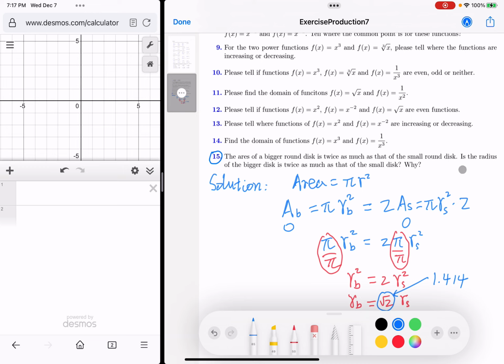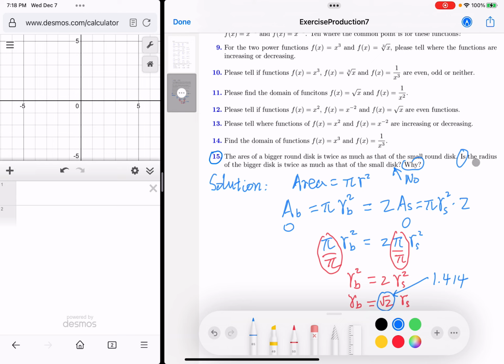Okay, so here the answer is what? Is the radius of the big disk twice as much as that of the smaller disk? The answer is no. Okay? So the answer is no. And why? We already have the rationale right here.